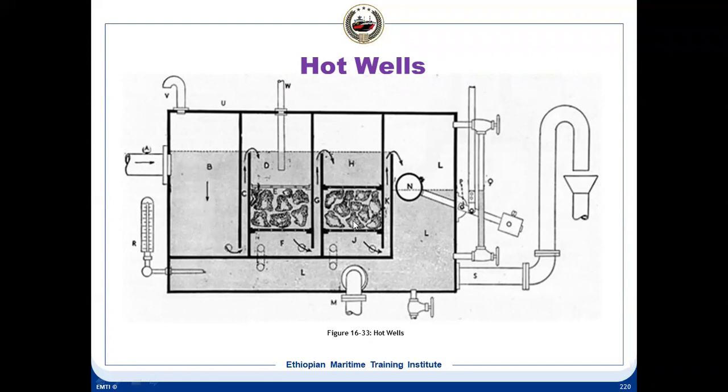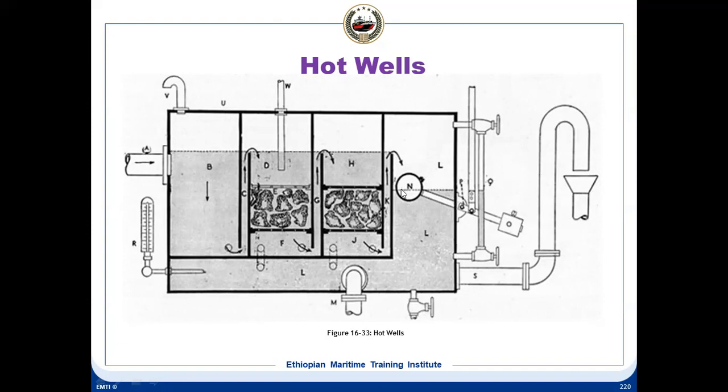If the coils are leaking and there is any oil ingress, that oil will get trapped here. And then finally it goes to the first chamber, second chamber, third chamber, last chamber, suction for your feed pump. This N, that is your feed pump suction. This one is a drain, and then you have your hot well overflow.